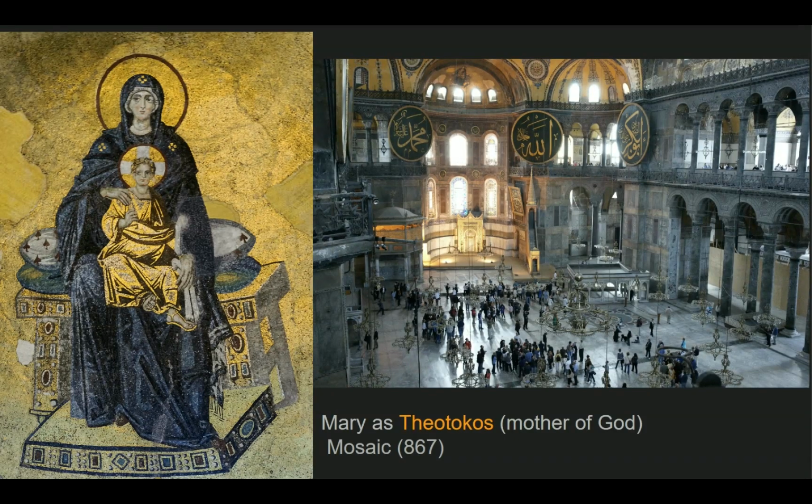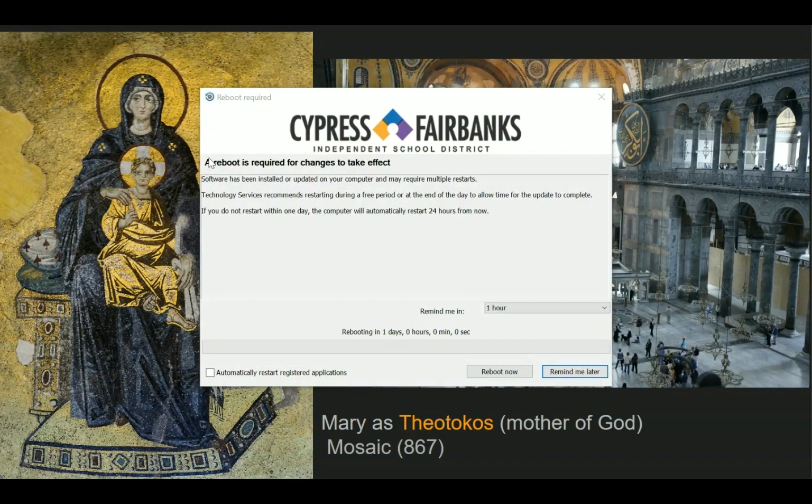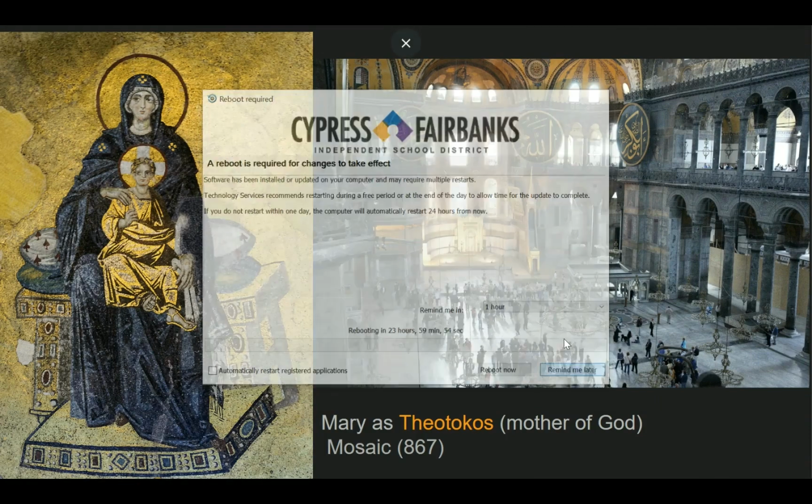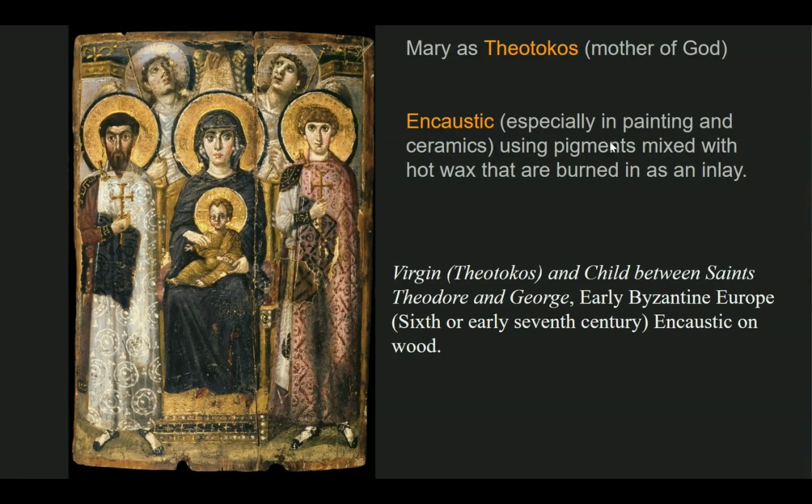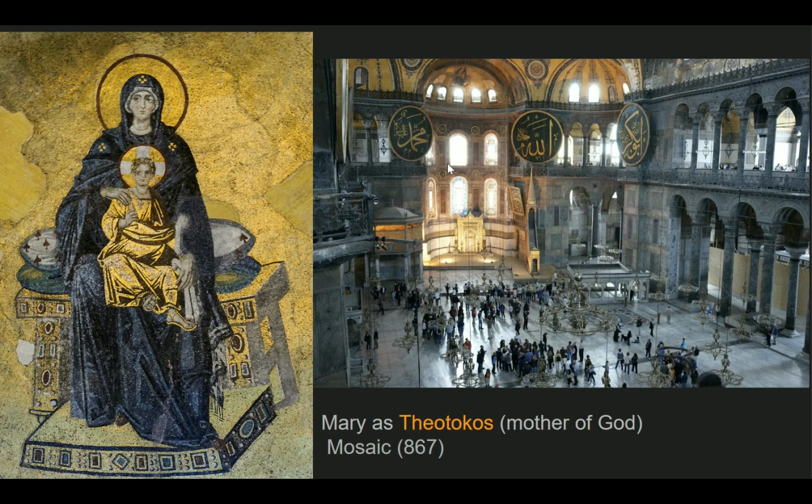We'll see Jesus Christ in her lap. So think of even way back to ancient Greece, how we talked about the different labels for the different roles of Athena. And so we're going to see that here as well. So here's Mary as Theotokos, Mother of God, in a different format. So that wraps up our Hagia Sophia.